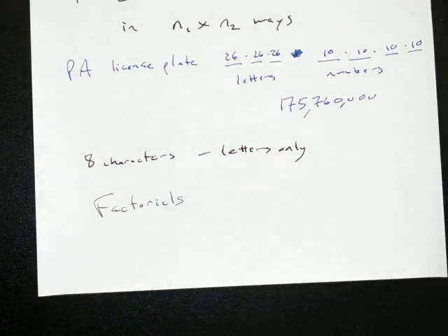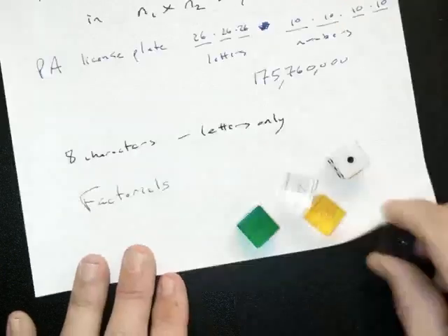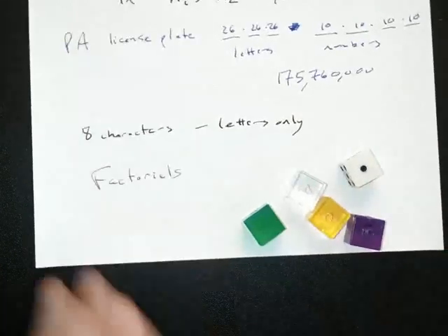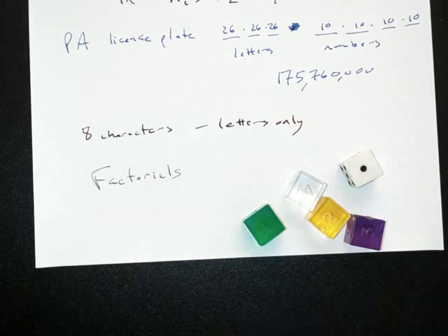So I'm going to take the 5 dice that I have earlier, and I want you to line them up. I want you to put them in order. I don't care what order you put them in. How many ways can I line those up from left to right?